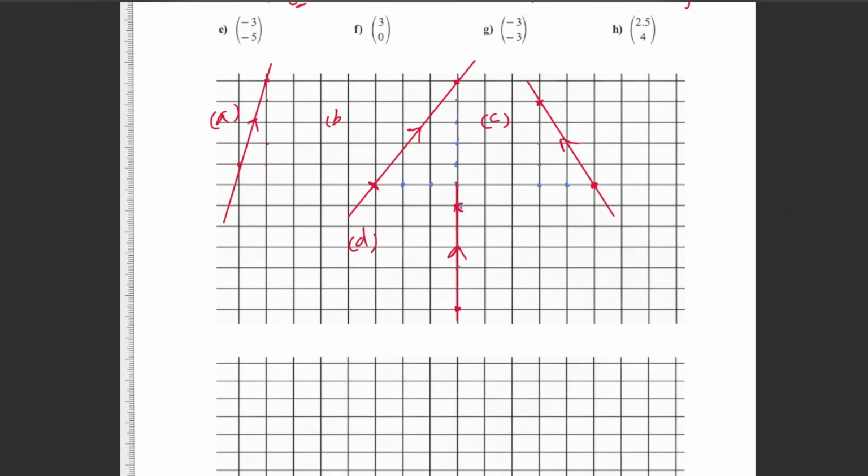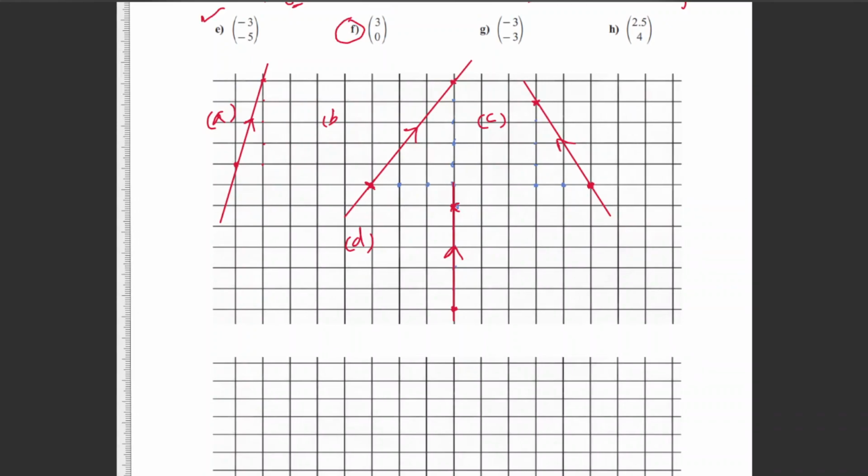I'll just explain F. So for F, you know that this is the x-axis and this is the y-axis. Take any point. How many units is it going to the right side? 3 units. So 1, 2, 3. So we reached here, and from there are we going upward or downward? No, because it is 0, right?